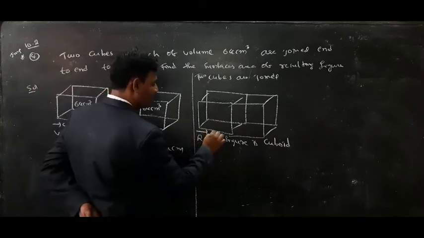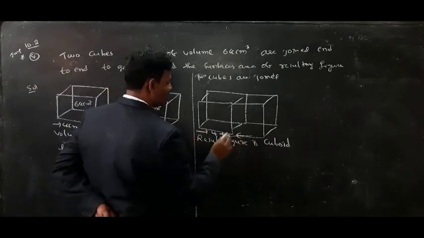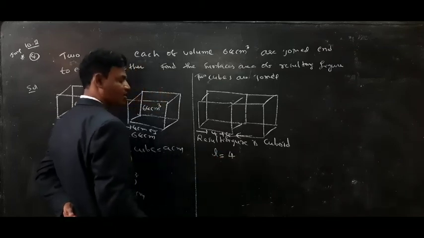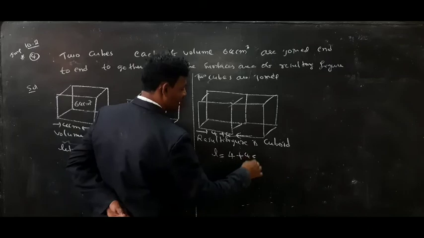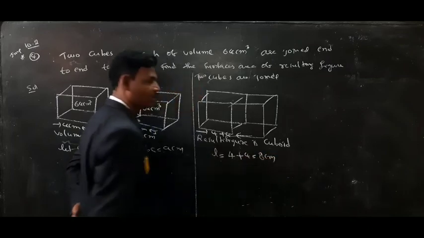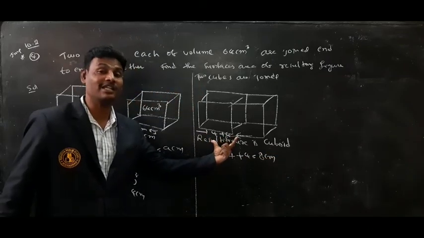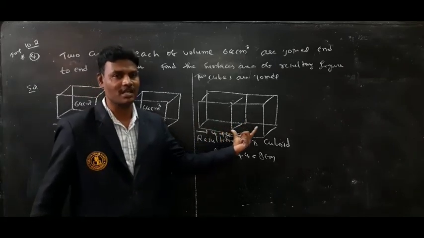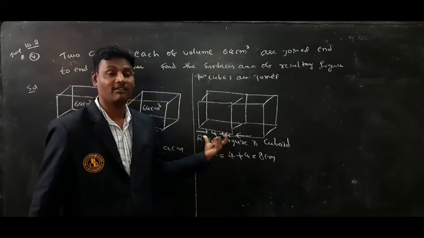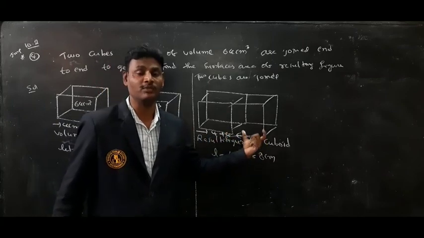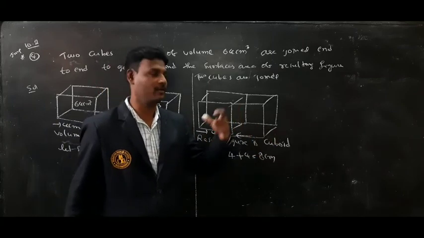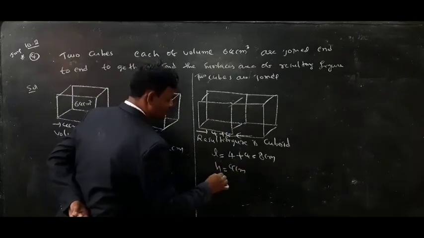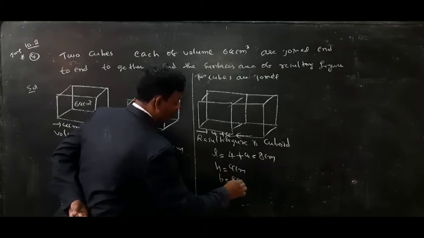Then what about the length? 4 plus 4 is equal to 8 centimeters, so the length of the cuboid is the side of the first cube plus the side of the second cube. Here the measurement of length is changed. Here it was only 4 centimeters, but now 2 cubes are joined. Then height is equal to 4 centimeters and also breadth is equal to 4 centimeters.